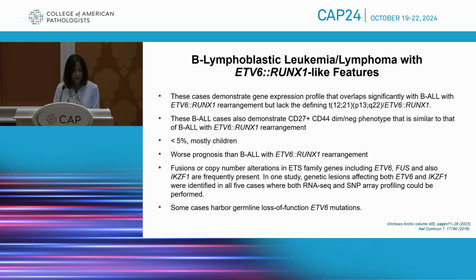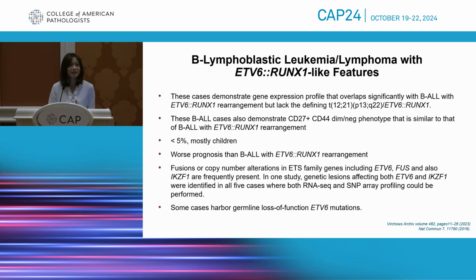These cases usually have an immunophenotype very similar to what we see in the ETV6-RUNX1 case. So it would be CD27 positive, CD44 dim to negative. It's rare and mostly in children.